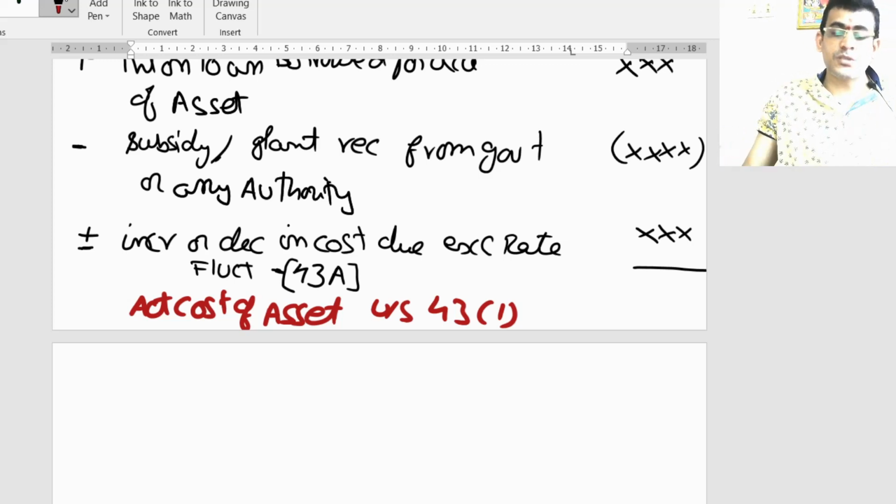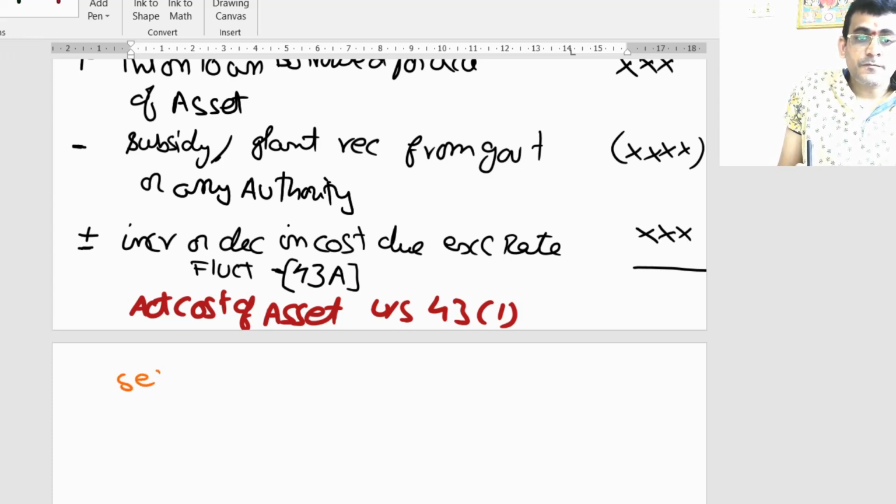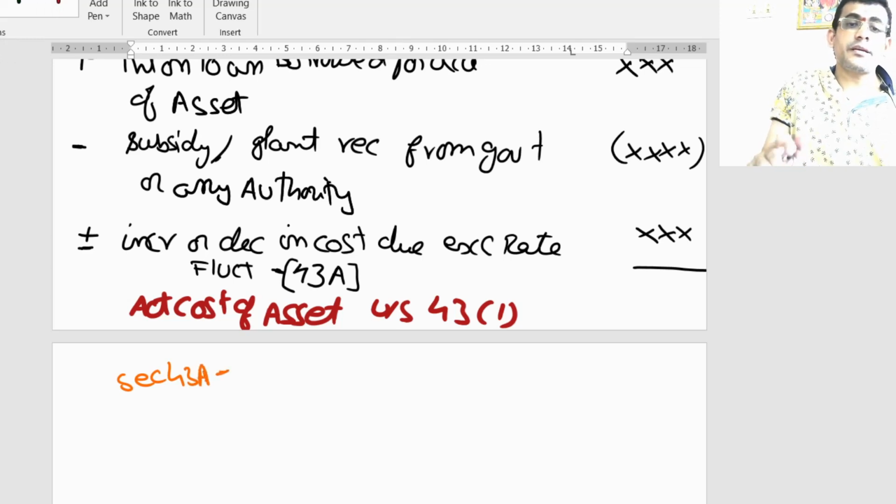Now let us get into Section 43A and see what it speaks about. Clear? Now let us come here. Section 43A. Let us see. Section 43A is special provisions consequential to changes in foreign currency.